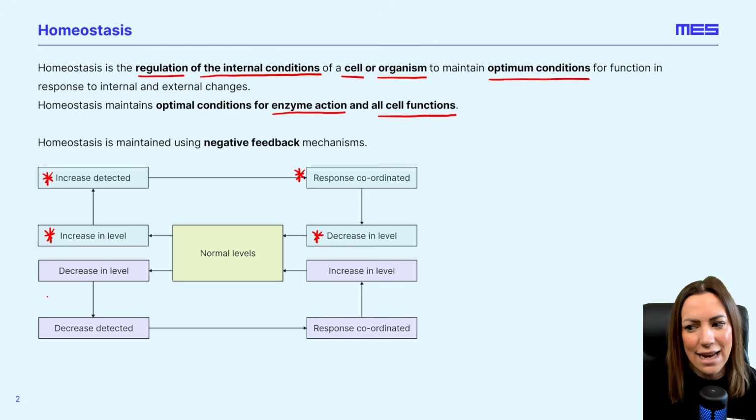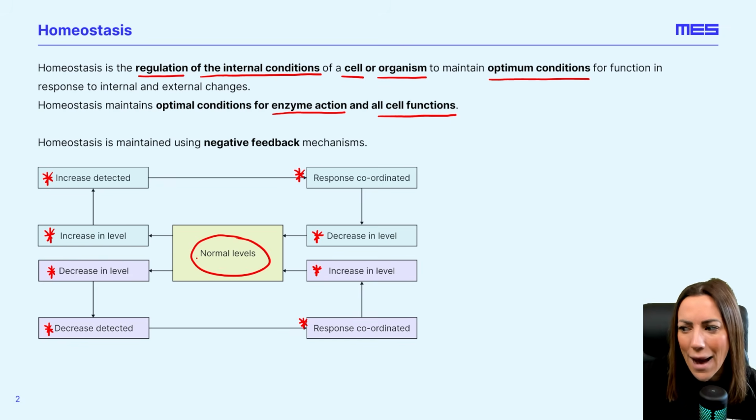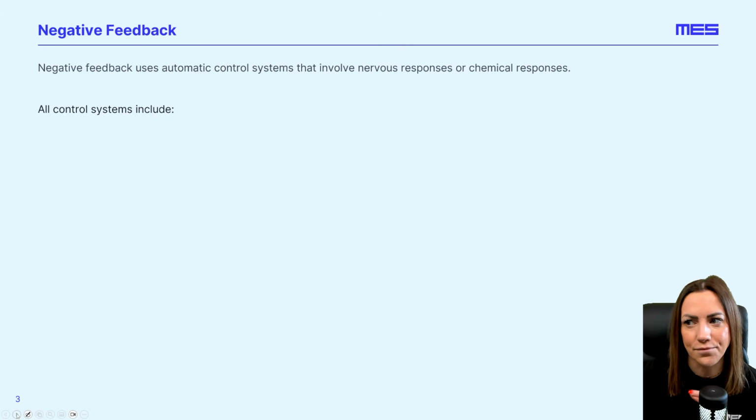And equally, if there's any decrease in the normal level, like our temperature drops below 37 degrees, the decrease will be detected. A response will be coordinated to increase the level back to normal. So we're maintaining that stable internal environment to maintain optimum conditions for enzymes and our cell functions.